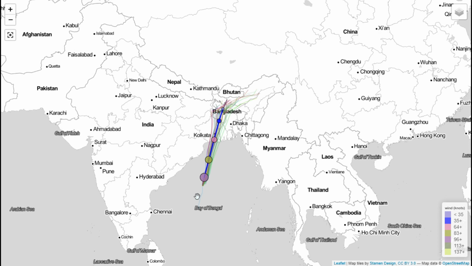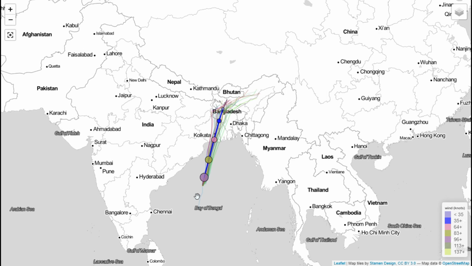Before tracking its path, you should know that when the cyclones are over the seas, they are much more powerful, and as they move towards the mainland, they slowly start losing power. And it will happen in the case of Amphan also.